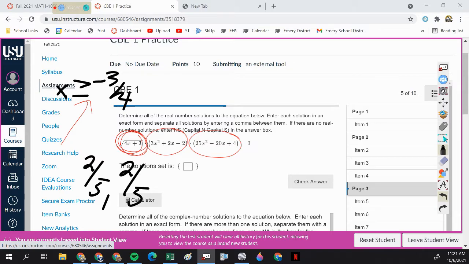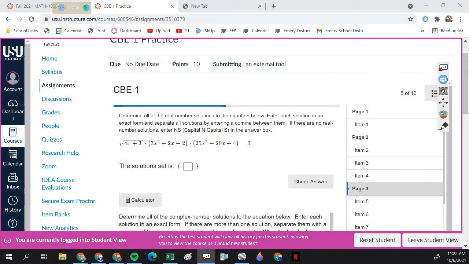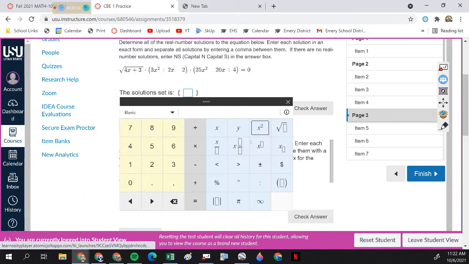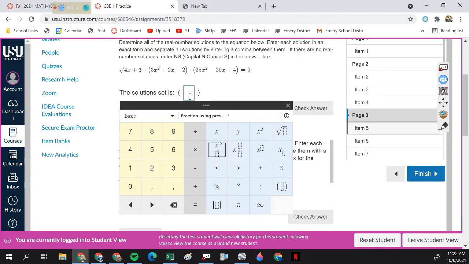So let's see if it wants you to write both of them, because I don't remember. So 2/5, negative 3/4. I believe it wants the negatives out front. We'll find out here in a second. Like I said, there are some weird things that happen.